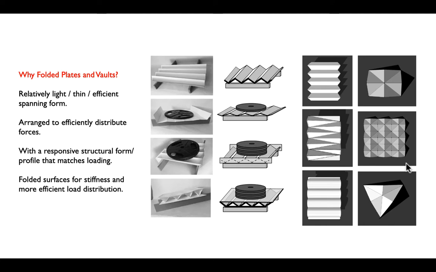A folded plate is essentially a thin sheet, usually of concrete, but it could be of steel or it could be of timber, that we have arranged so that it has some sectional depth to it. So you can think of this as having two important dimensions. One is the actual thickness of the plate itself, often just a couple of inches if it's in concrete, maybe even thinner if it's out of plywood or steel.